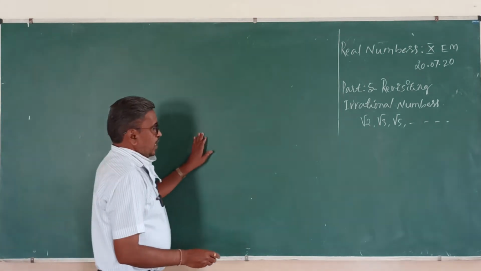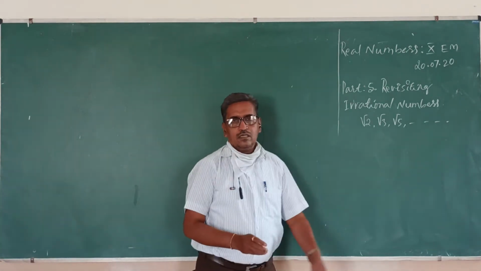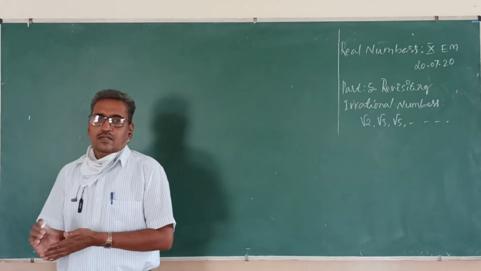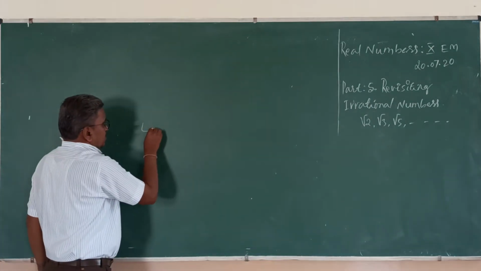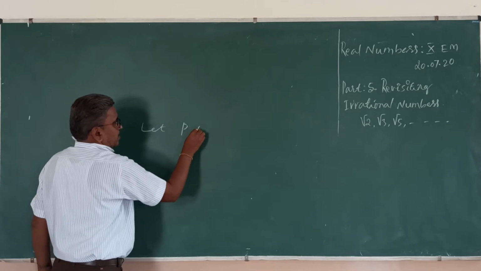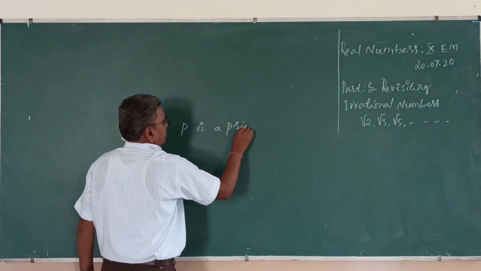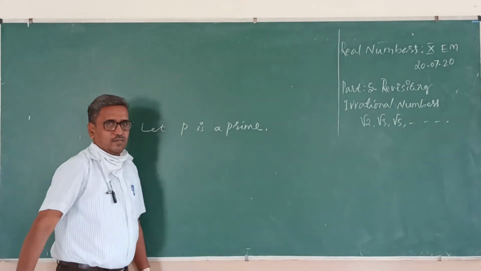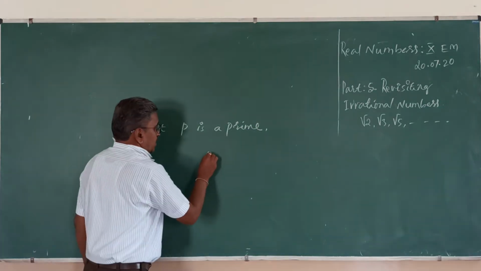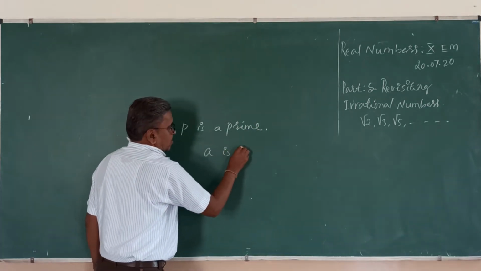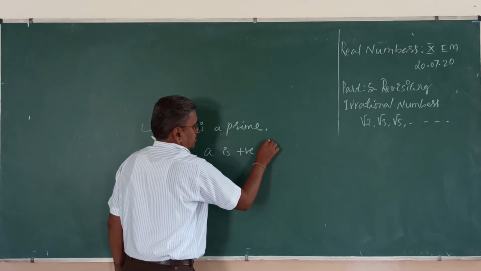Before proving that root 2 is irrational, let p be a prime number and a be a positive integer.